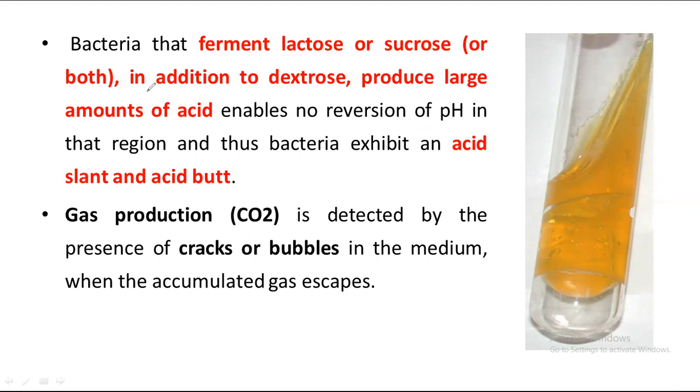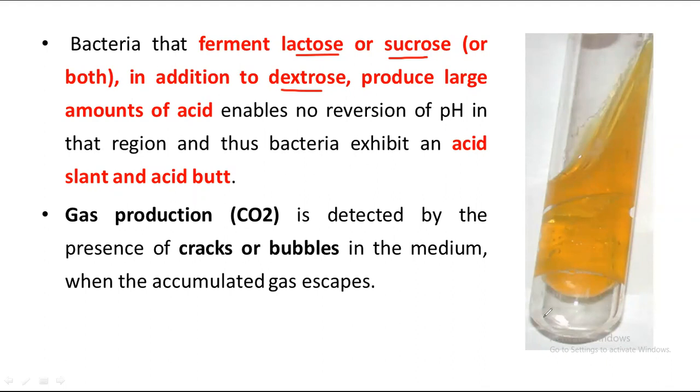If all the dextrose, lactose, and sucrose are fermented, a large amount of acid is produced, and because of that acid, the complete media is converted into yellow color. So this means that the microorganisms present in this media have fermented glucose, sucrose, and dextrose. That's why acid is produced.